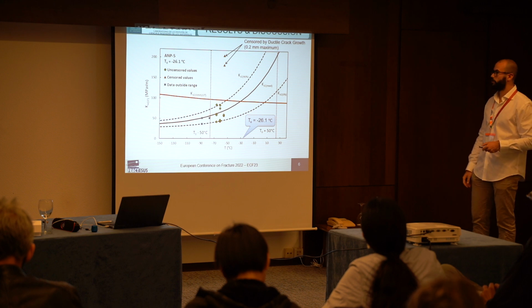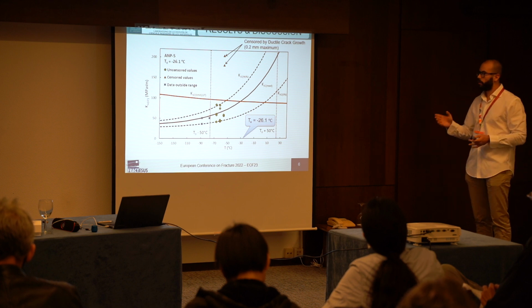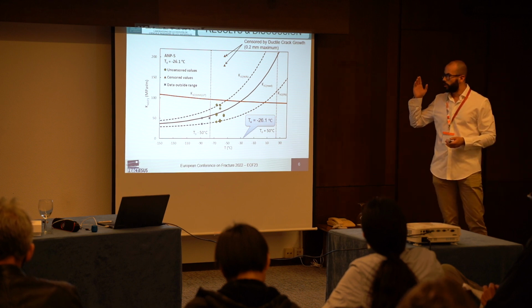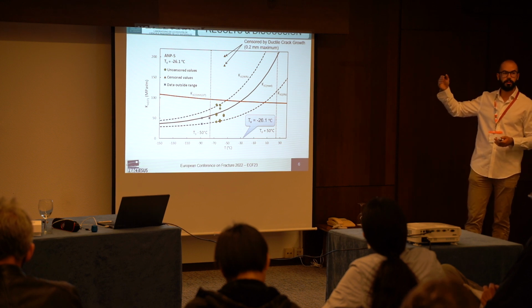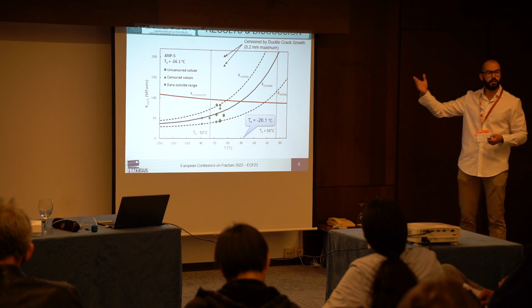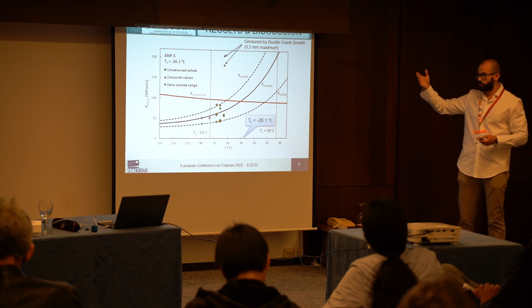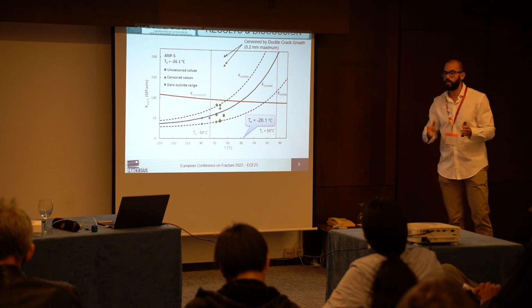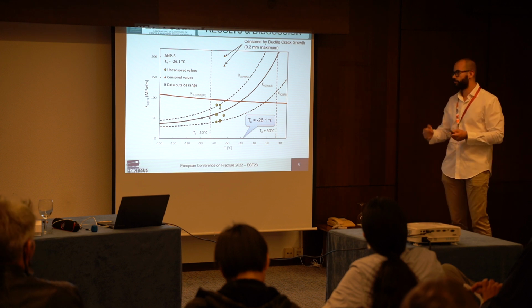Here, I'm just taking advantage of this picture. I want to show you the small validity window that we have when we are performing this procedure with small specimens. This is because the KJC limit is proportional to the remaining ligament. So, of course, when the specimen size decreases, the KJC limit gets lower.